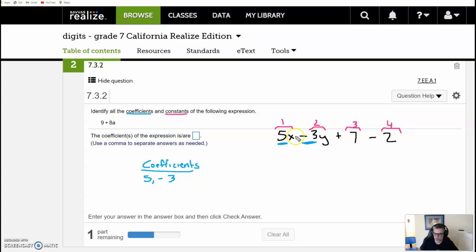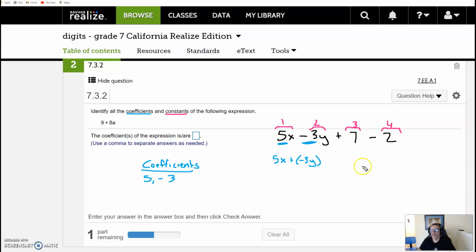And the reason is we can think of this as 5x plus negative 3y, right? And so in this case, I think it's easier to see that, yeah, negative 3 is being multiplied by y, and then we just simplify it to get 5x minus 3y. So there's my coefficients, right? The numbers being multiplied by the variables. And remember, if we're subtracting, we have to include the negative.